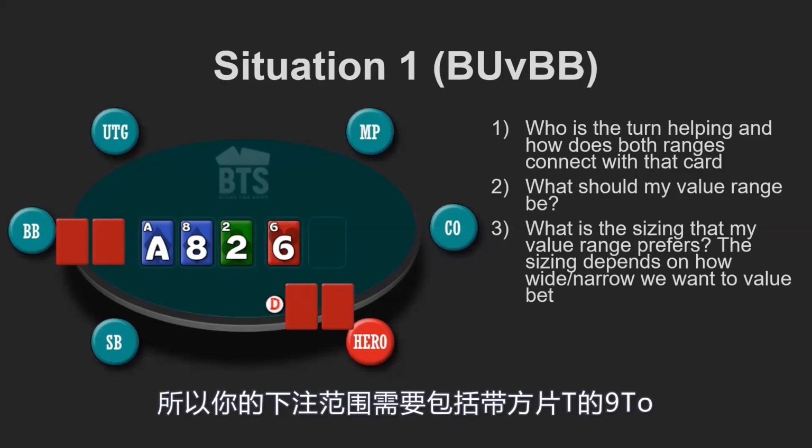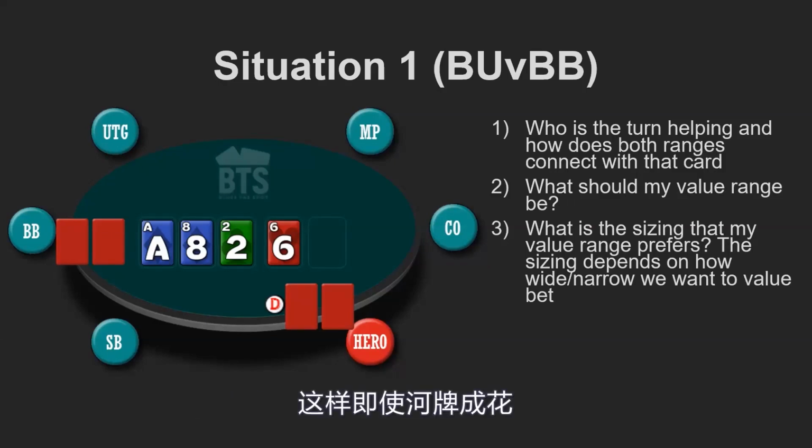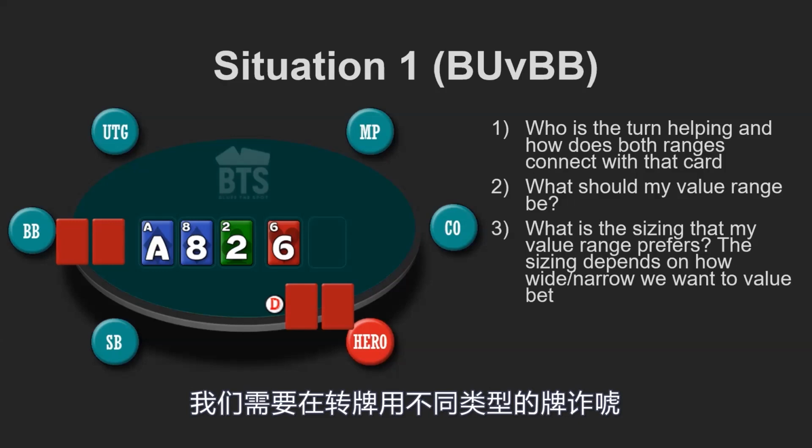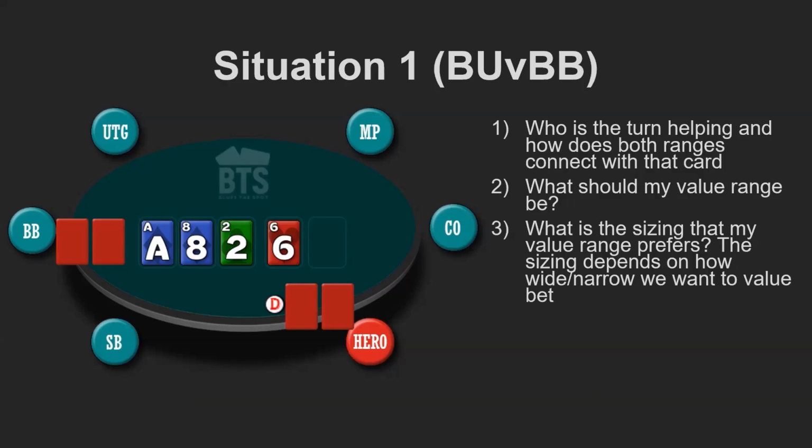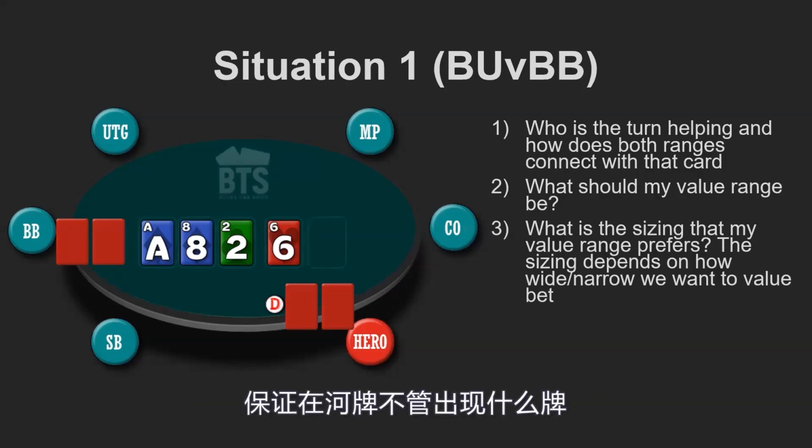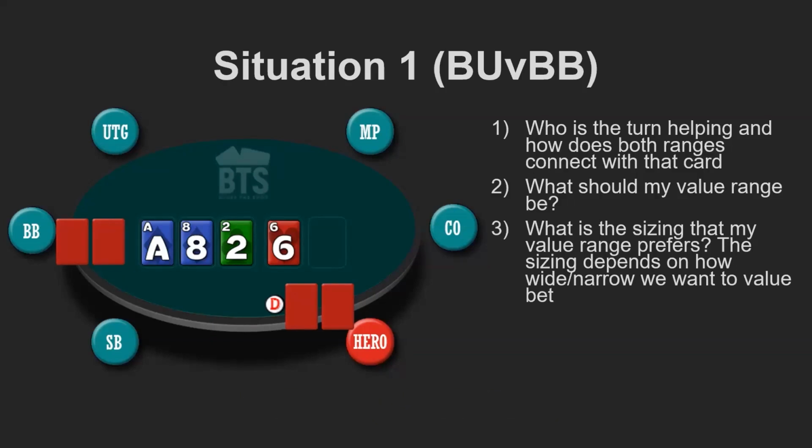betting hands like, let's say, 9-10 with the 10 of diamonds, so that on completing flush runouts you still have some bluffs, or a hand like 6-5 of clubs that we can start overbetting as well. Turn pair, sometimes we can start overbetting. So we need to start bluffing with a bunch of different hands on the turn, in order to still have some bluffs on many different runouts on the river, which is not the case versus the players we are facing.